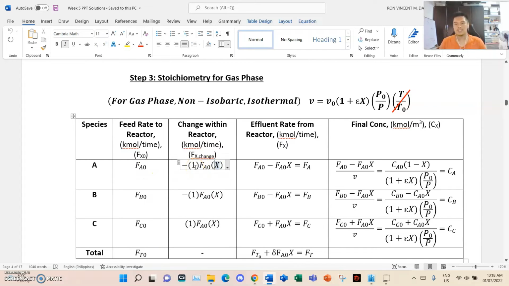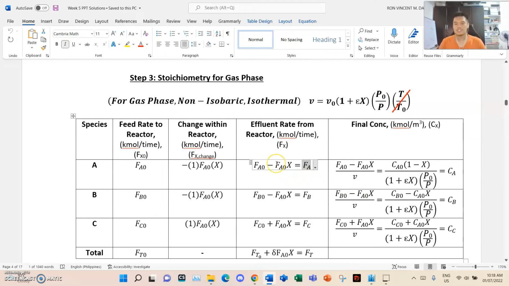Negative means they are reactants, and positive means they are produced or are a product. And then the effluent rate, or the rate of exit, is simply the difference between the two. So FA0 minus FA0X, FB0 minus FA0X, and FC0 plus FA0X. So this essentially means that this is the outlet molar flow rate of the specific compound.